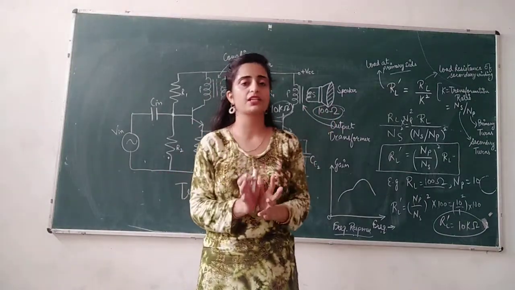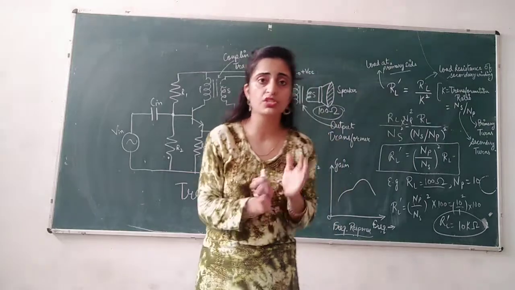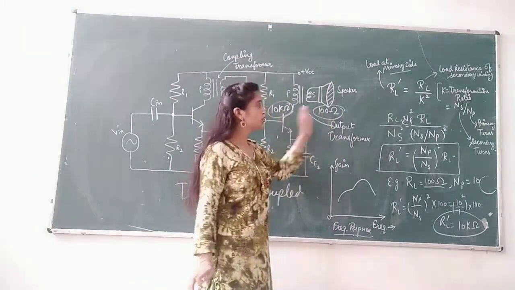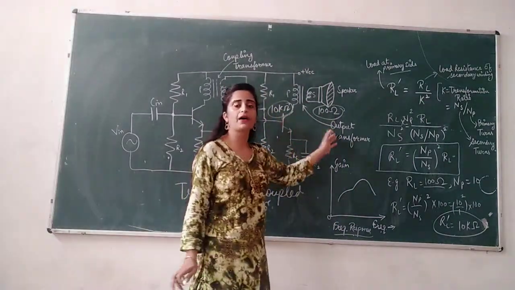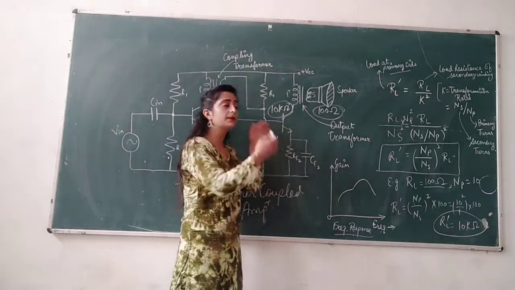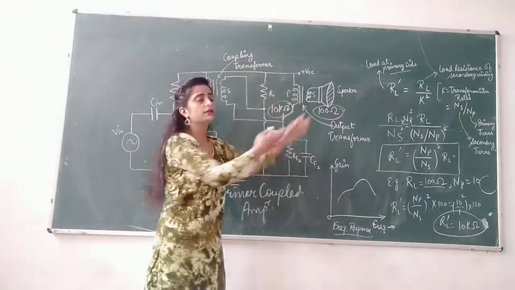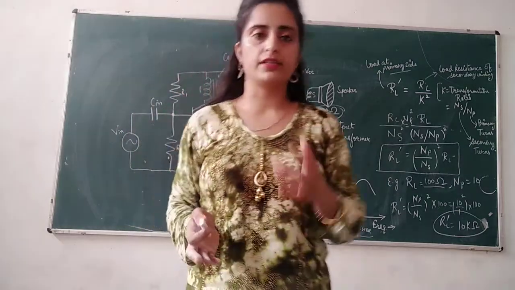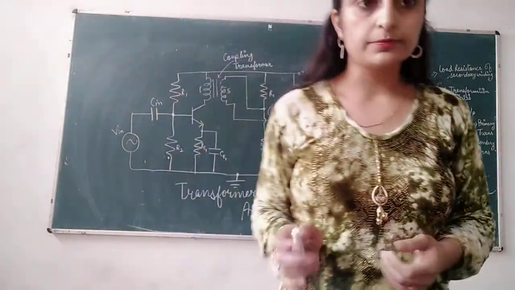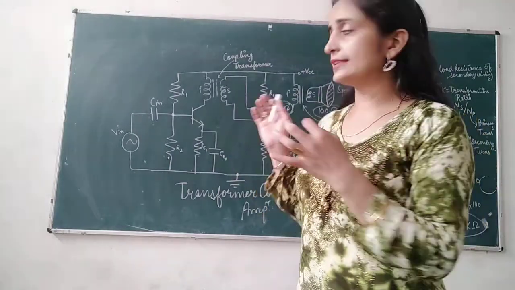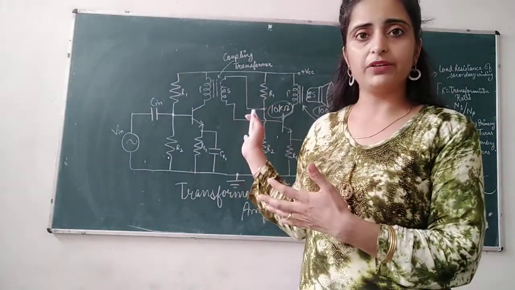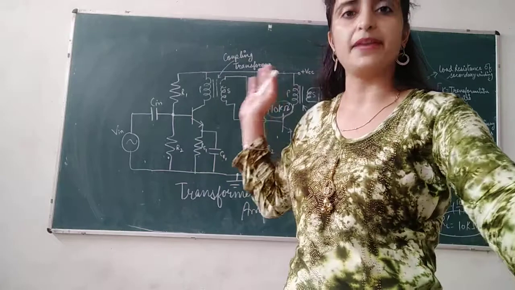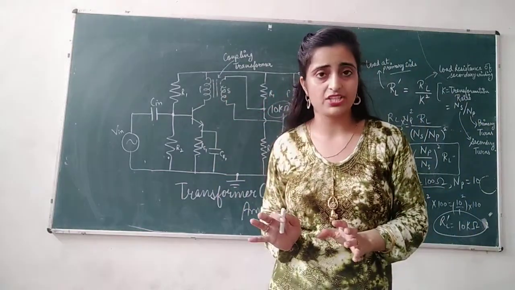If the accurate transformation ratio is used, then these two impedances would be matched to each other, and the maximum power will be transferred from the primary towards the secondary side. No doubt this transformer coupled amplifier circuit is the best circuit for impedance matching.